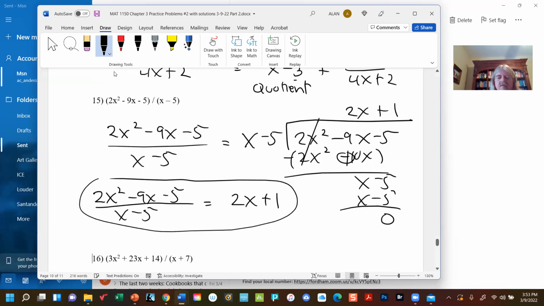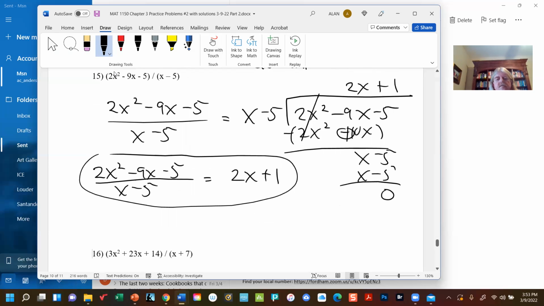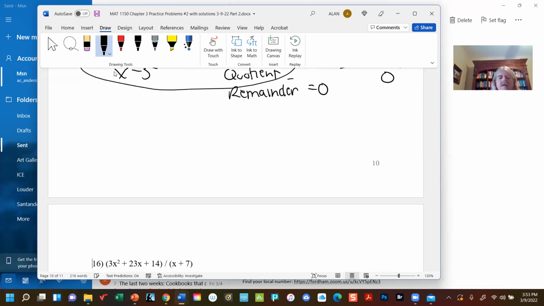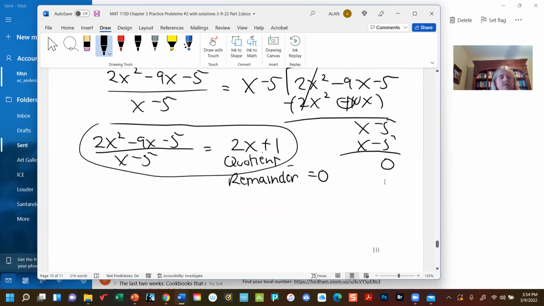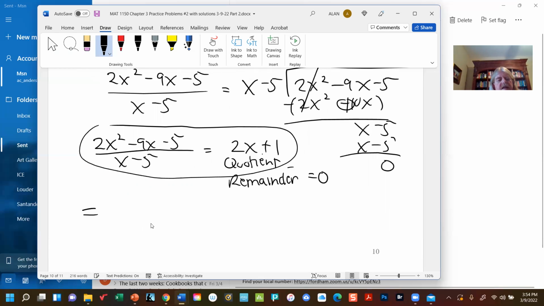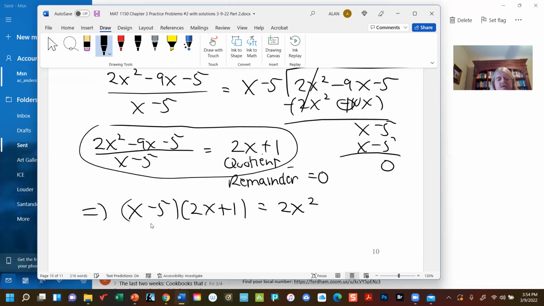And the remainder is 0. Also, I just want to point out that this implies that x minus 5 times 2x plus 1, you can apply FOIL here and discover that this product does in fact equal 2x squared minus 9x minus 5.